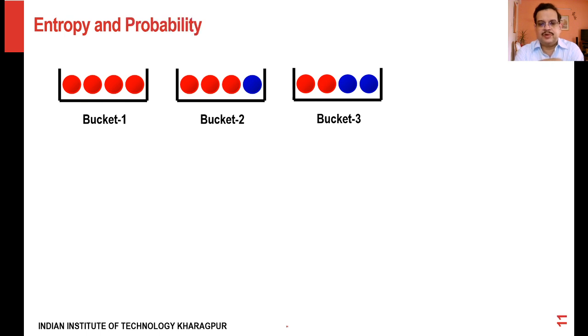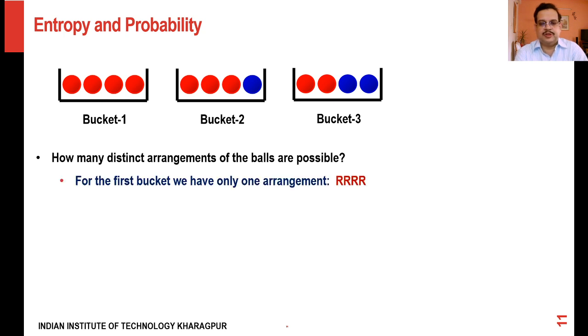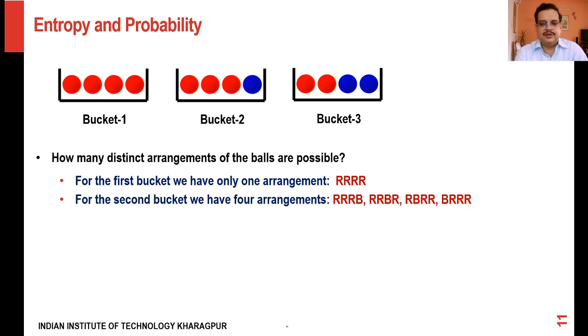Now to come to a relationship between entropy and probability, we ask how many distinct arrangements of the balls are possible. So the first bucket, we have only one arrangement. For the second bucket, we have 4 arrangements, because the blue ball may come up at the end, or it may be the third one, it may be the second one, or the first one.